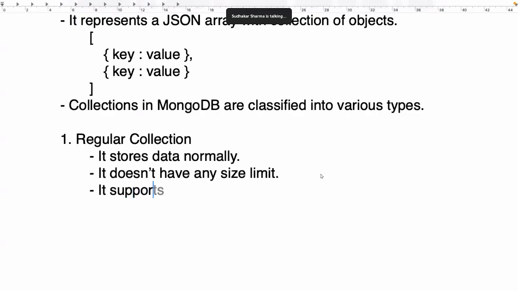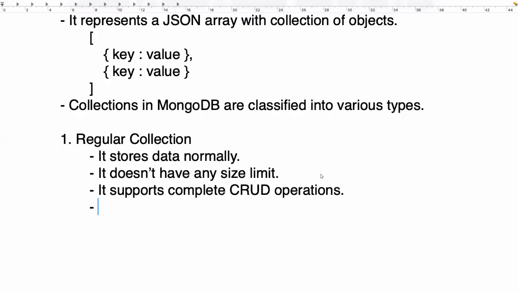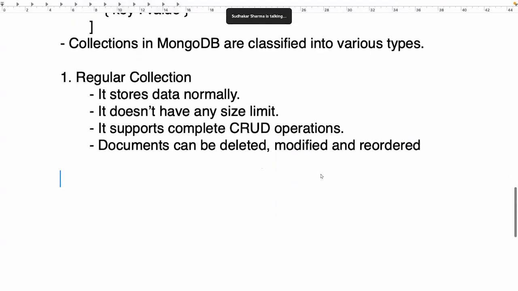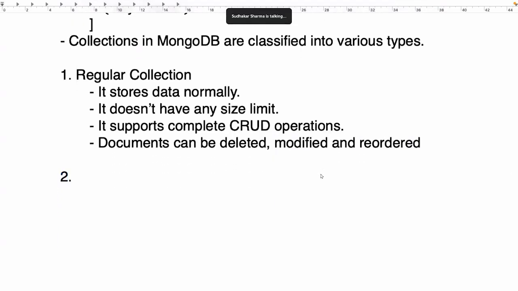It supports complete CRUD operations, meaning create, read, update, delete, everything we can manage. So what is the point? Documents can be deleted, modified, and reordered. All these things we can do in a regular collection. That is a regular collection in MongoDB.